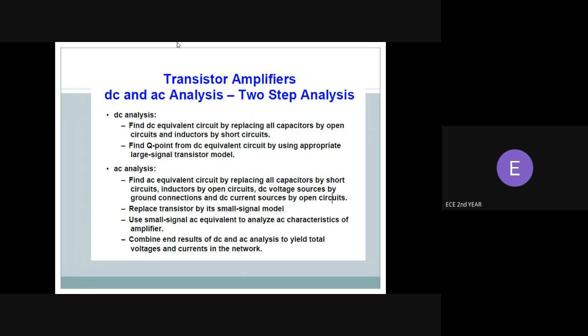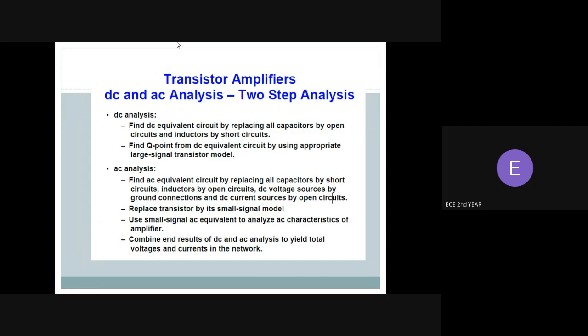AC analysis: find the AC equivalent circuit by replacing all capacitors by short circuits, inductors by open circuits, DC voltage sources by ground connections and DC current sources by open circuits. Replace the transistor by the small signal model. Use the small signal AC equivalent circuit to analyze the AC performance, and combine the results of the DC and AC analysis to give voltage gain and current gain of the network.